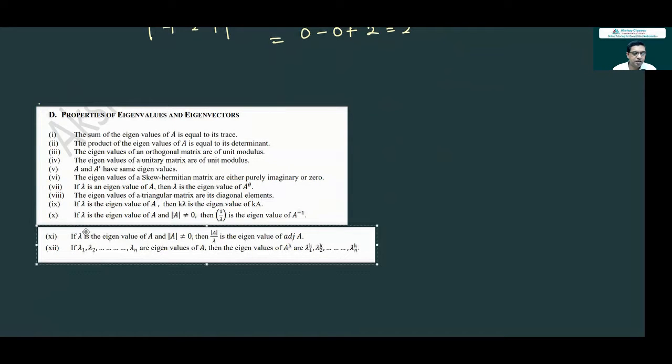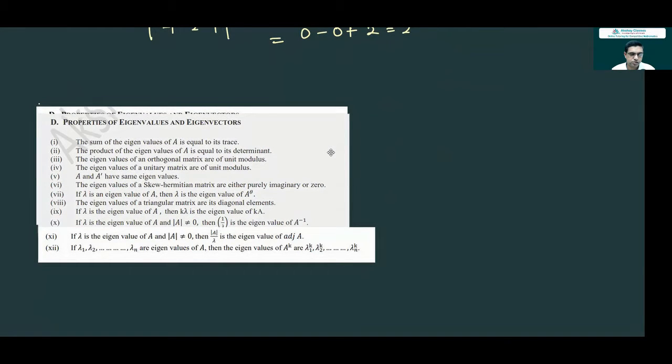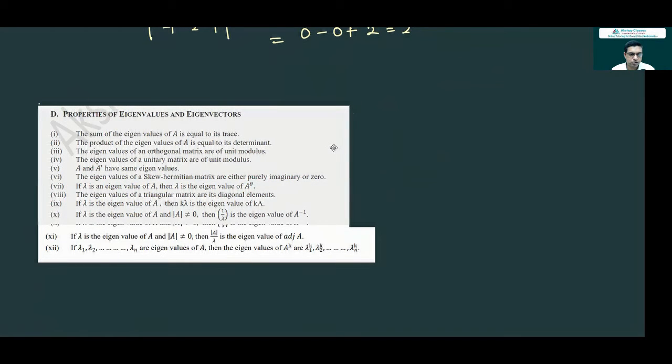We have properties of eigenvalues and eigenvectors. All right. So properties of eigenvalues, eigenvectors.